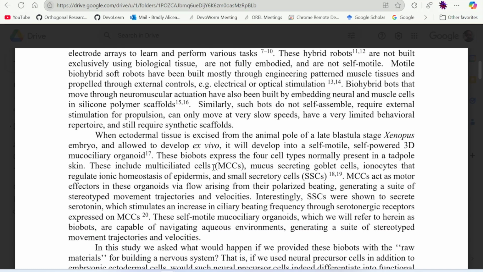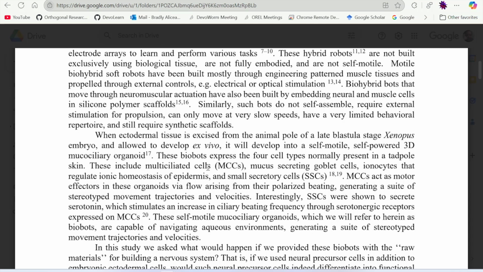And so what they have here is ectodermal tissue that's been excised from the animal pole of a late-stage blastula Xenopus embryo. So we have what we would call early development, before the phylotypic stage. We're taking tissue from the ectodermal layer and using that to model self-motile, self-powered 3D musculociliary organoids.